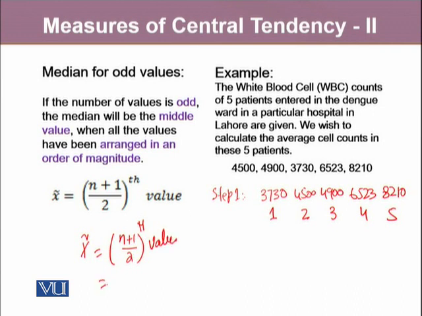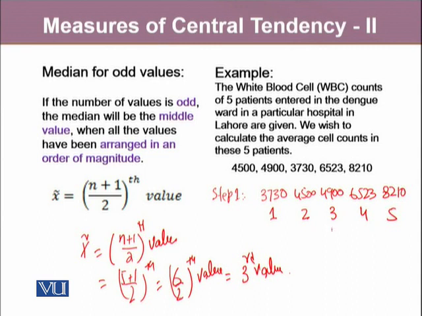So (n plus 1) over 2 will turn out to be 5 plus 1 by 2, which is 6 by 2, and that is equal to the third value. This third value is the median. It is a value above which there are 2 observations, which is 50%, and below it there are 2 observations.